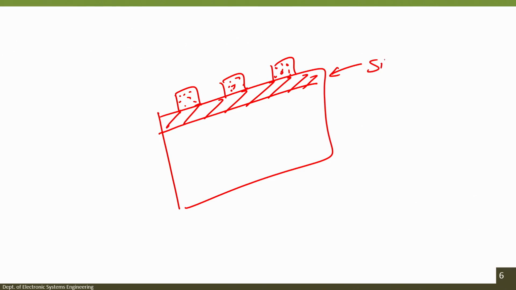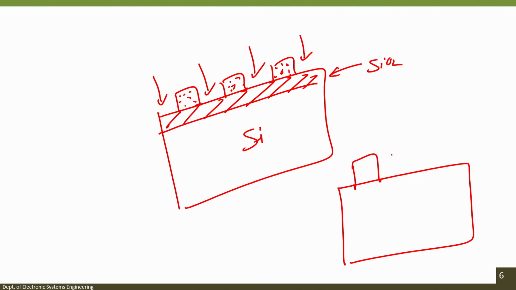Now, I want to etch silicon dioxide from this area. What will I do? I will dip this wafer in BHF. If I dip this wafer in BHF, what I am expecting is that I would have silicon dioxide etched from this area, while the silicon dioxide which was protected by the photoresist would not get etched.